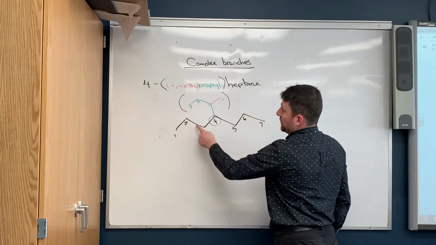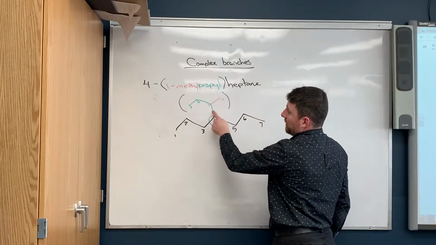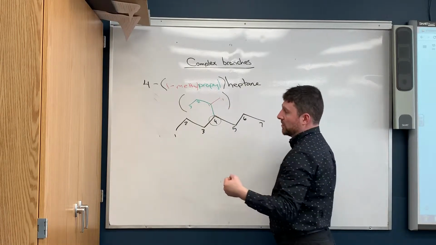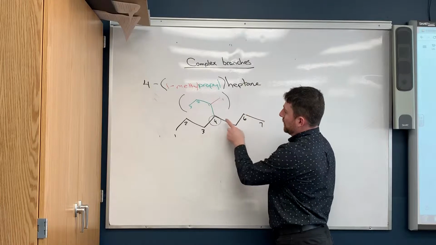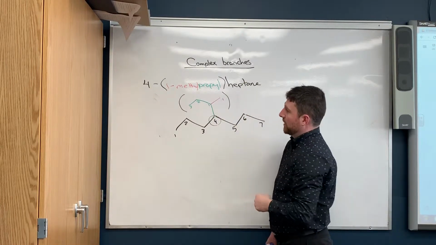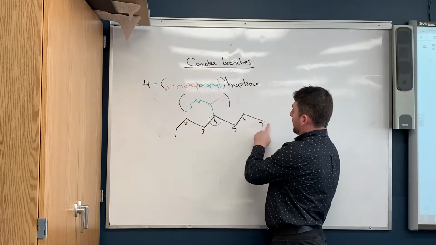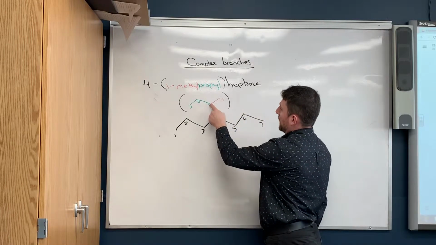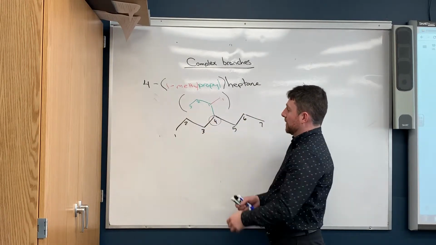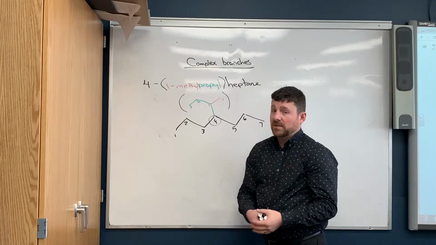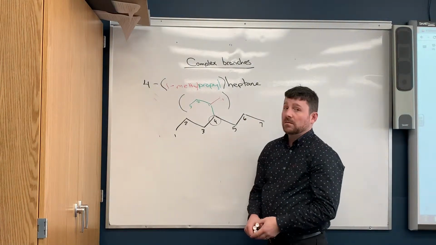If we go 1, 2, 3, 4, we count up this way, 5, 6, so that's shorter, that couldn't be a main chain. If we count from this end, 1, 2, 3, 4, 5, 6, that's shorter, that can't be a main chain. If we count along this way, 1, 2, 3, 4, 5, 6, 7. If we count that way, from the end, we also obtain a 7 carbon long chain.